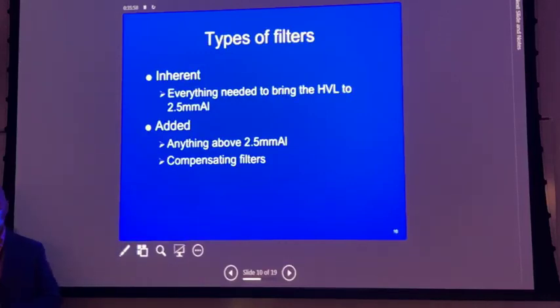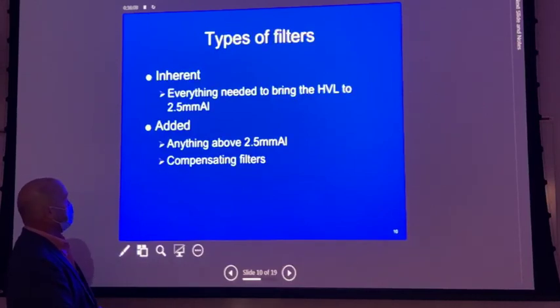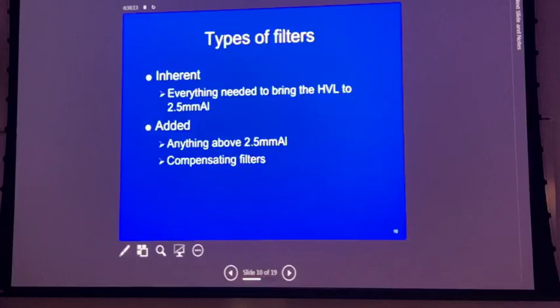I haven't seen a non-dedicated mammo unit in my entire career. I've worked with those tubes, but they've never been used for mammo. So added filtration is anything above that 2.5 millimeters of aluminum, and it's also compensating filters. We have a lot of different types of compensating filters as well.